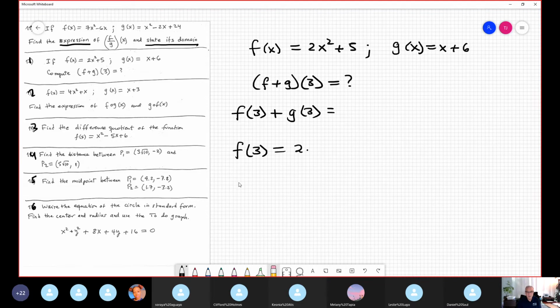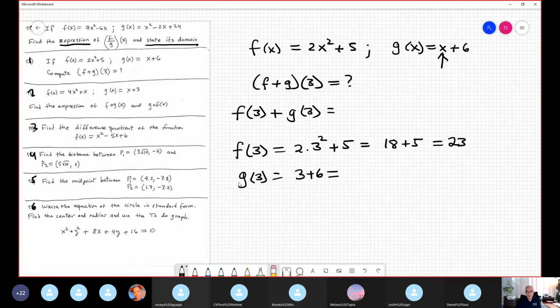It's 2 times 3 squared plus 5. 3 squared is 9. 9 times 2 is 18. 18 plus 5 is 23. And you evaluate g at 3, which is 3 plus 6, plugging in here, 3 is 9. Therefore 23 plus 9 is 12, carry out 1, 32, no? Boom. End of the story.